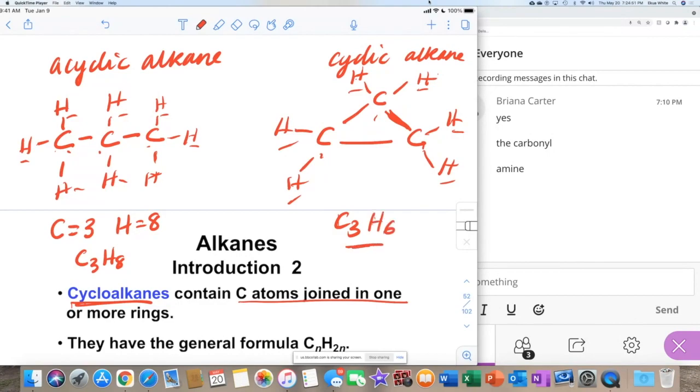H6. So in order for me to go from the acyclic alkane to cyclic alkane, I actually had to take off this hydrogen and then connect this end to that end to make this. In the process, I lost 2 hydrogens. Okay? So cycloalkanes tend to have 2 less hydrogens.